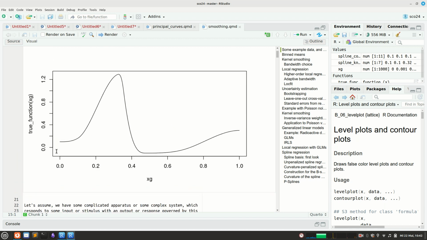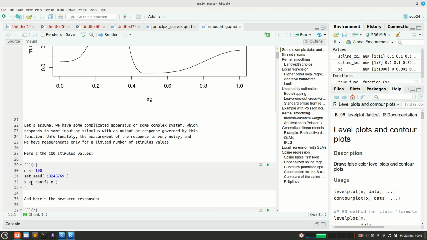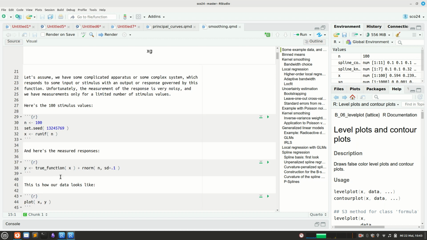And we first assume that we don't know the value of this curve at all data points, but only at 100 randomly selected x values. So I select 100 random values between 0 and 1 drawn from a uniform, and I calculated the true function at these 100 points, and then I add noise from a normal distribution with mean 0 and standard deviation 1/10.